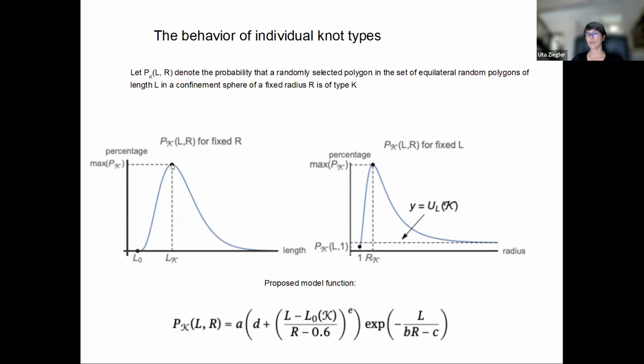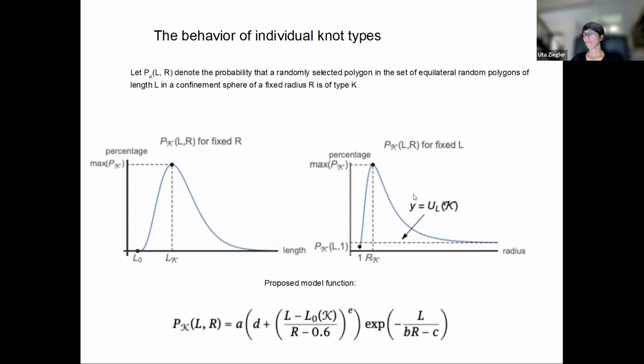And then you have the maximum, and at this point it decreases again, and we conjecture this decrease to be exponential. And it decreases again because with increasing length, there are more and more knots which have a topological complexity larger than this knot. So this knot is kind of crowded out, and eventually it gets down to close to 0.